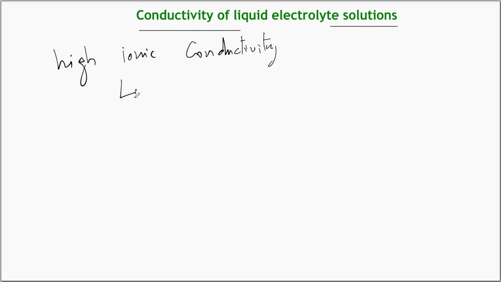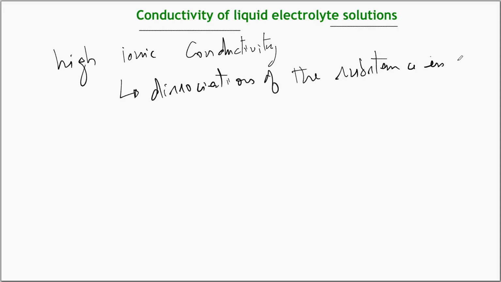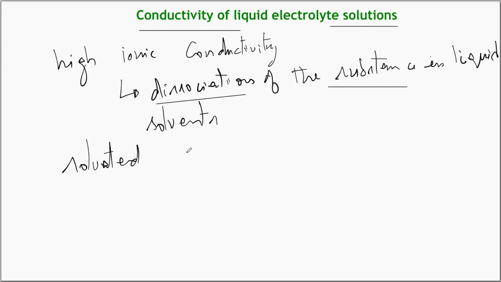This is mainly due to the dissociation of the substance in liquid solvents. And when a substance is dissociated in a liquid solvent, it produces the solvated anions and cations.